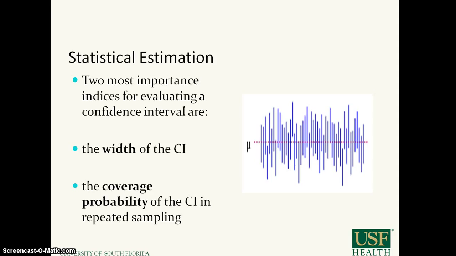You can count how many times the interval captures the true value. That gives you the coverage probability. The coverage probability of a confidence interval should be close to the nominal coverage probability. For example, if you have a 95% confidence interval and you generate 100 intervals based on 100 random samples, you should expect 95 of them to contain the true value, and then you have a good confidence interval.